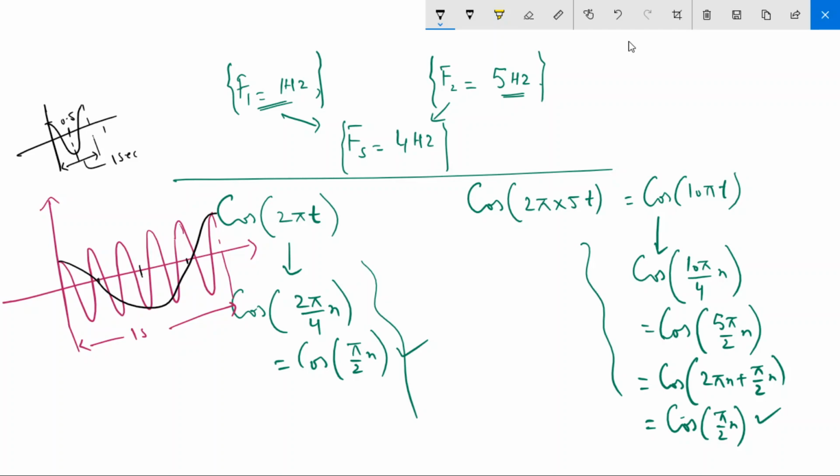This is the 1 Hz frequency, the black one, and this is your 5 Hz frequency. Now if you sample both the signals at 4 Hz, it means the sampling time is 1 by 4, that is 0.25 seconds.